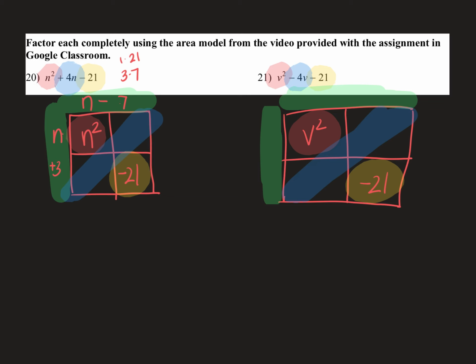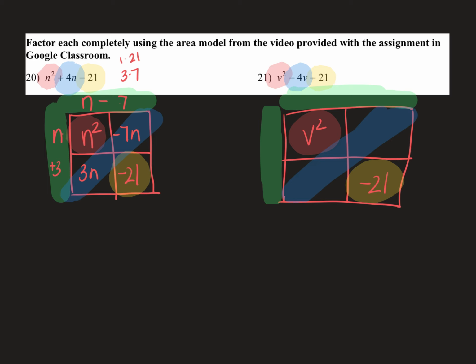Negative 7 times n is negative 7n. And n times positive 3 is positive 3n. When I add negative 7n and positive 3n, do I get positive 4n? No, I do not.